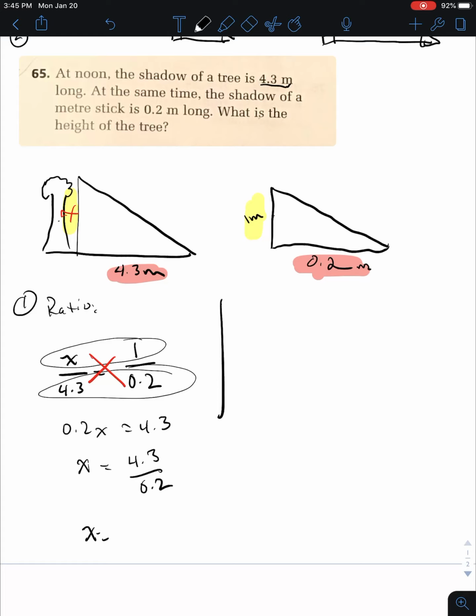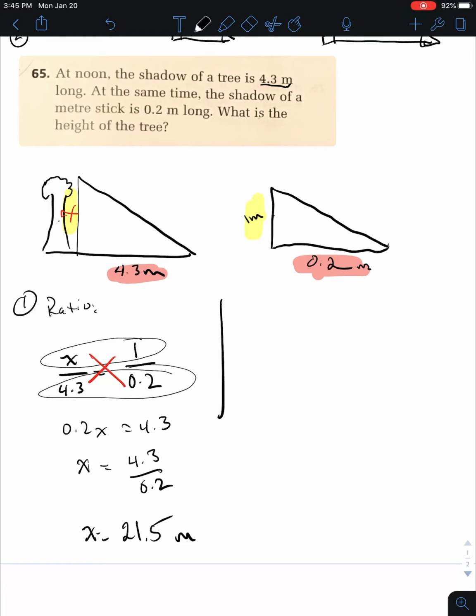So if we do that, x is equal to 21.5. 21.5 meters. Don't forget that.